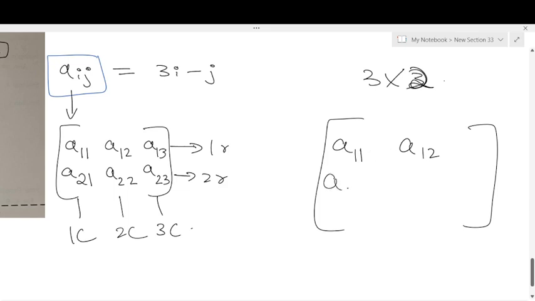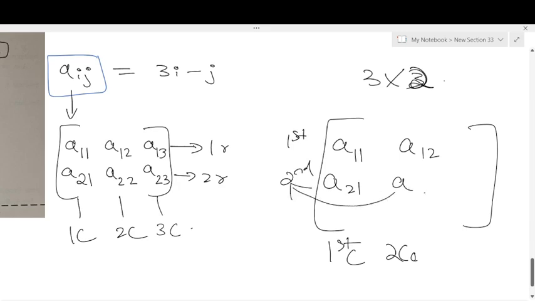Tell me the next one. A. Which row is this? First row is done. Second row. A21. First column, second column. Write it like this. You'll understand. First row, first. Now can you tell me how many columns? What's the next one should I write, students? Compare this.